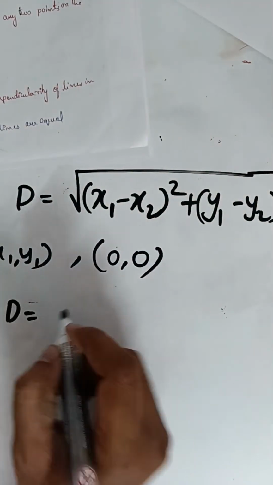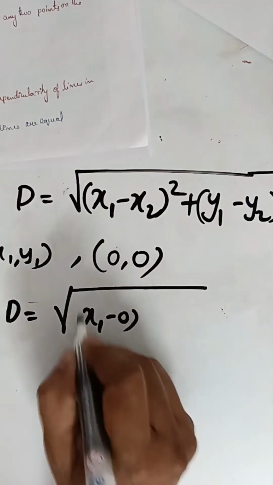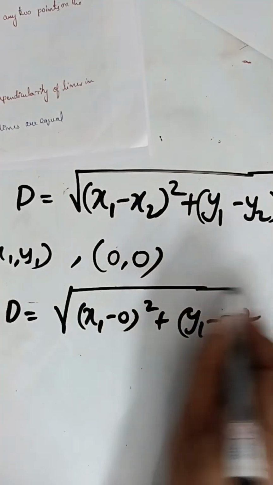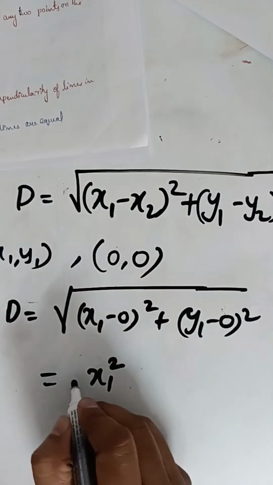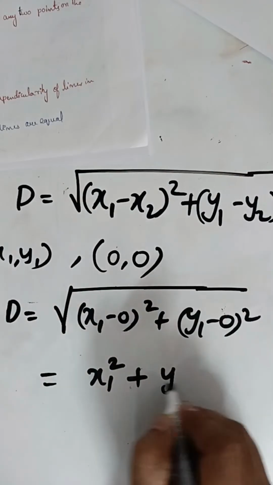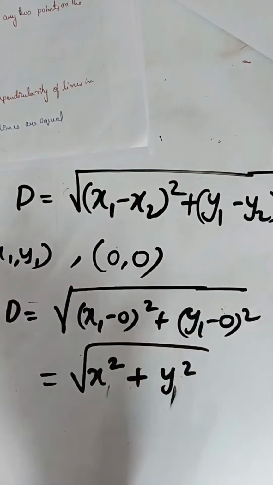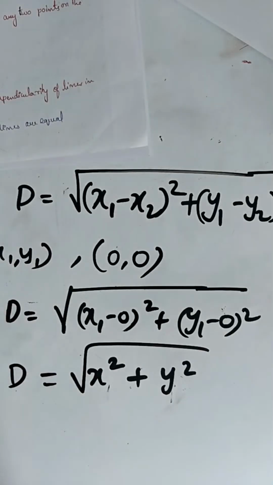So if we substitute here, what will the distance formula be? x1 minus 0 whole square plus y1 minus 0 whole square. So x1 minus 0 is x1 square plus y1 square. We can remove the subscripts, which were just to determine which point is first or second.